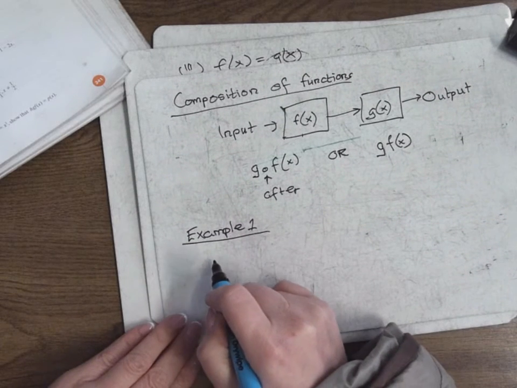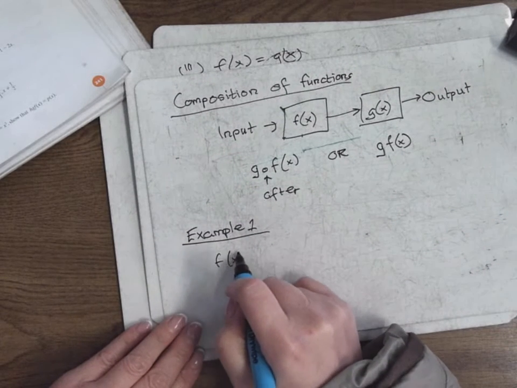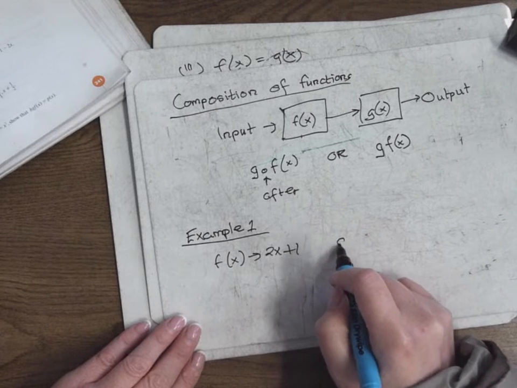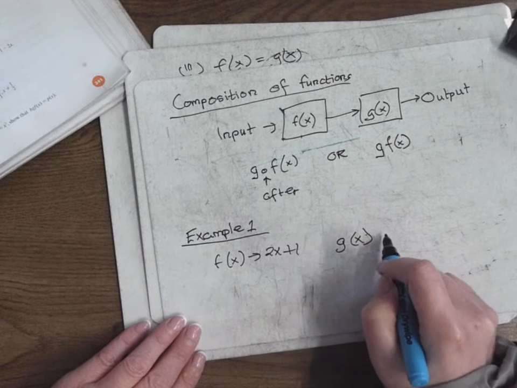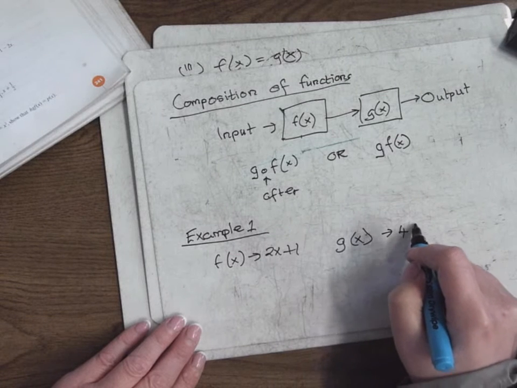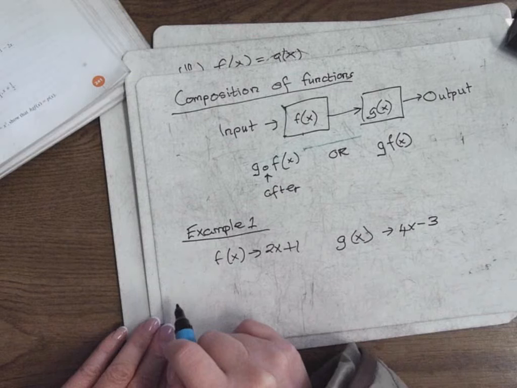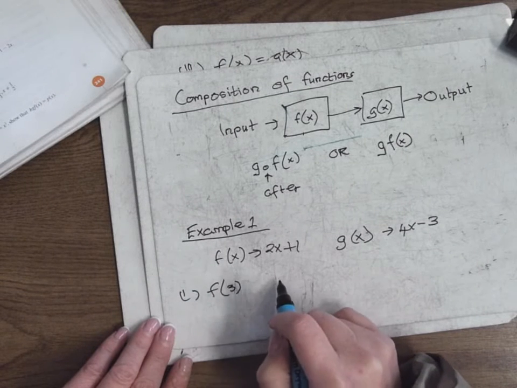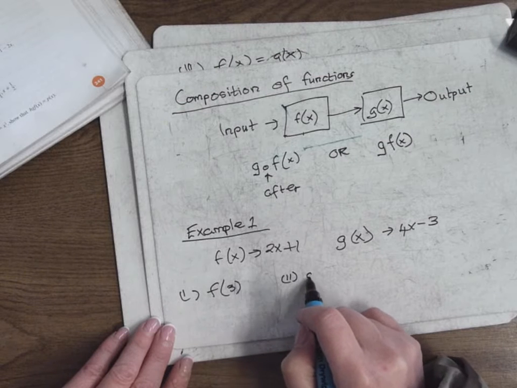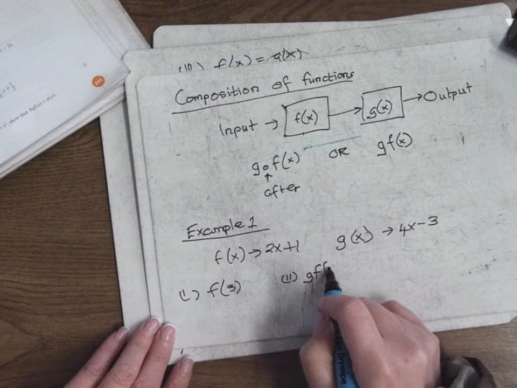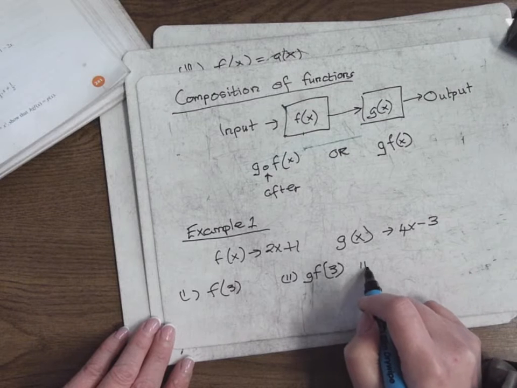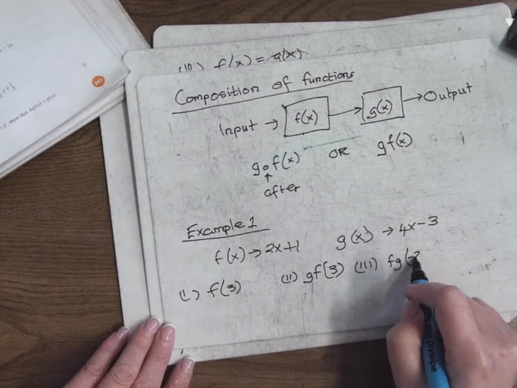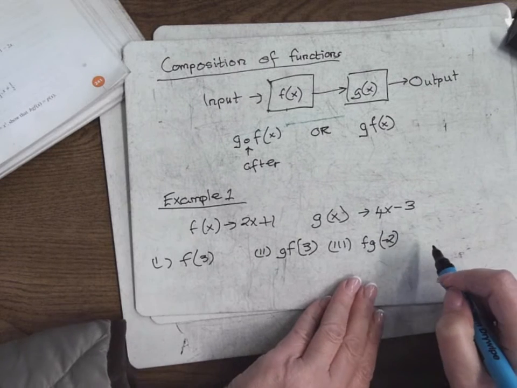So if I say f of x is 2x plus 1, g of x is 4x minus 3, and part 1 is find f of 3, part 2 is find g f of 3, part 3 is f g of minus 2, and part 4 is g f of x.